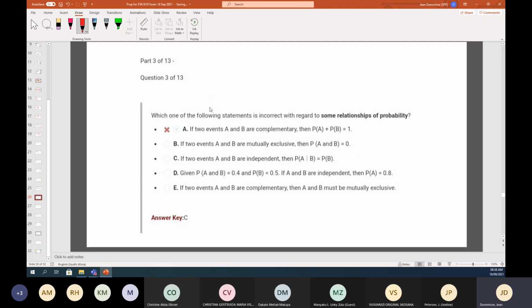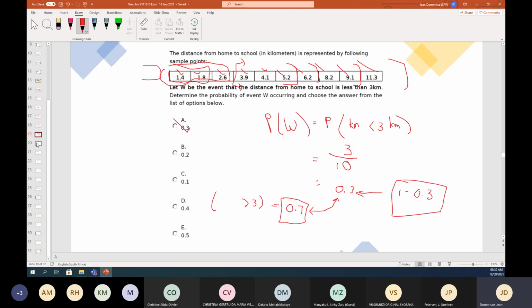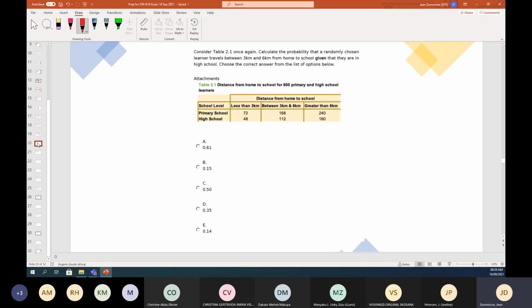And again, they can ask you other things like complement, mutually exclusive, those kinds of things. So there are a lot of different types of questions that they can ask you in probability, and I think that is also the difficulty with this study unit: there are just so many things they can ask. Okay, so let's look at this question.